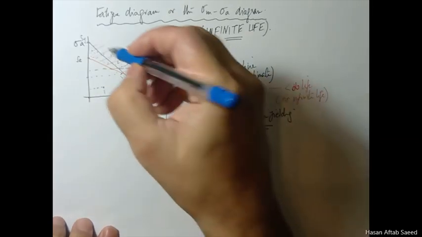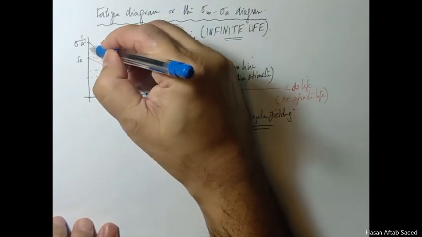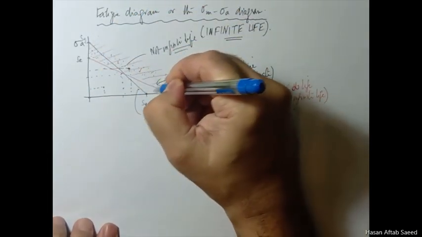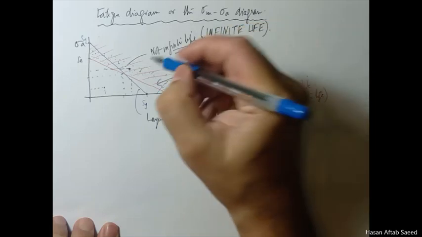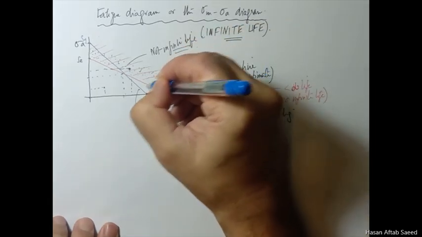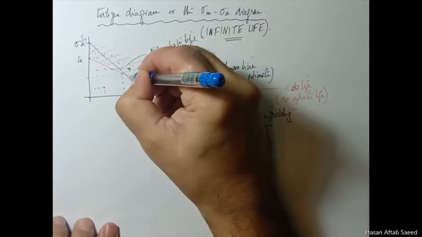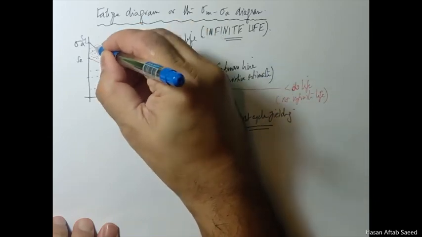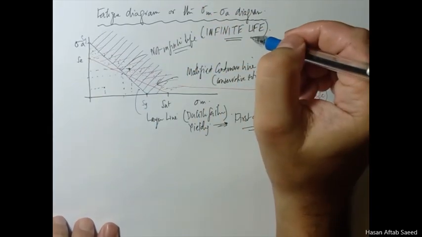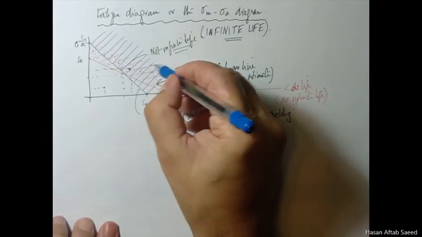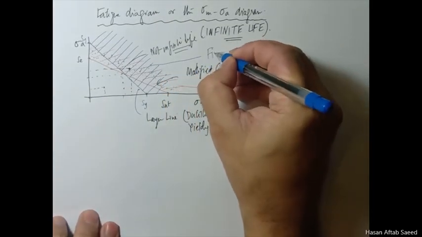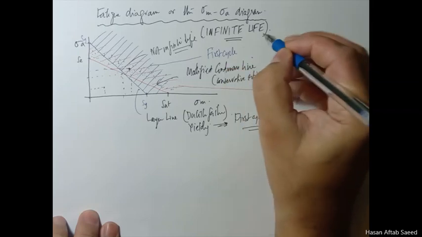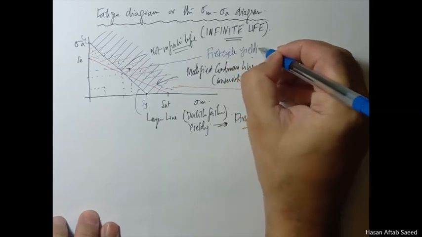And any point that plots in this blue region gives you first cycle yielding.